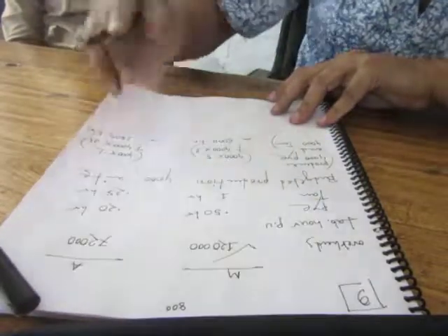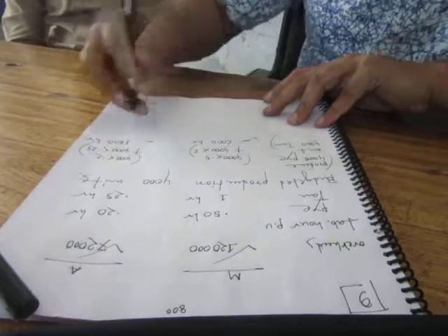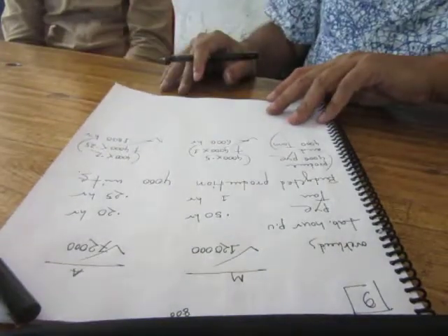So these are the overheads, and you have already found out the activity, right?